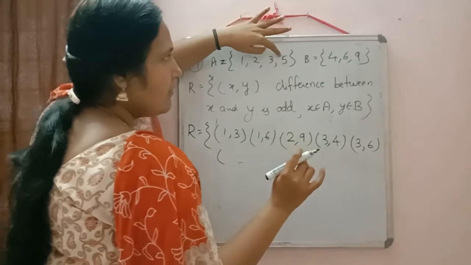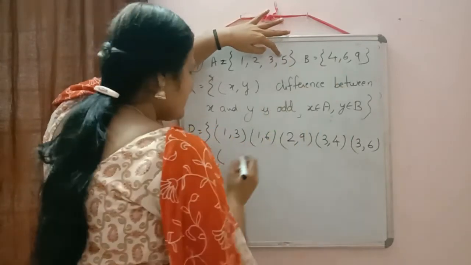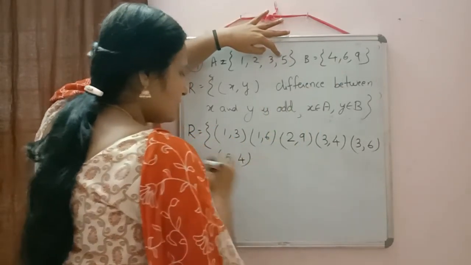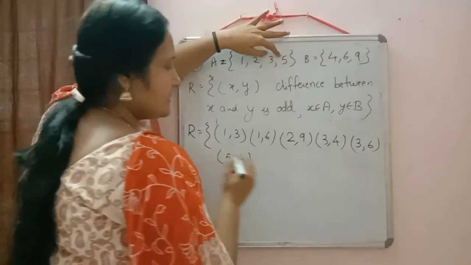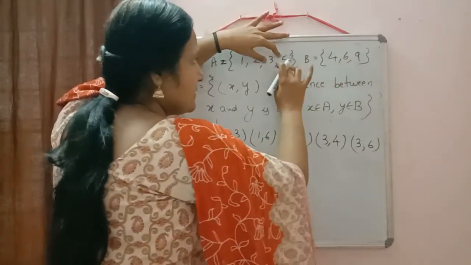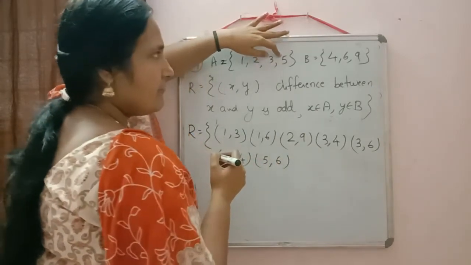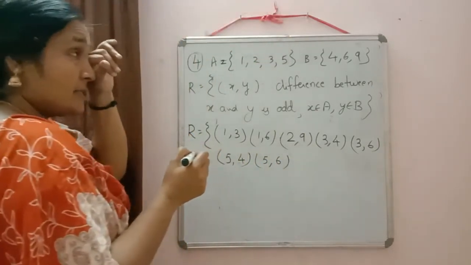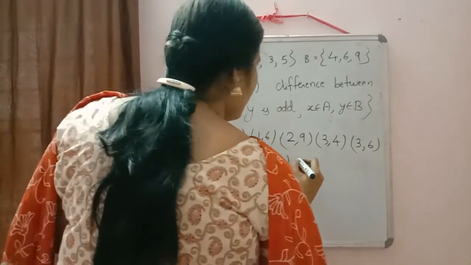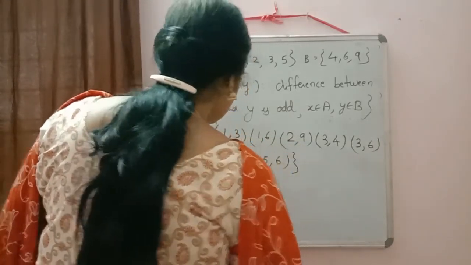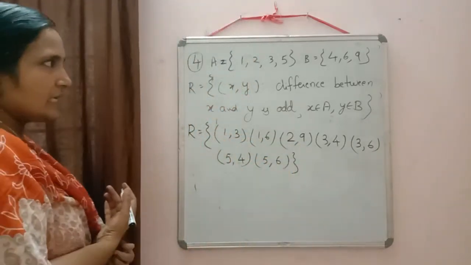Then next (5, 4). 5 minus 4 is 1. Correct. So (5, 4) will be there in this set. (5, 6). 5 minus 6 is minus 1. Yes, odd. Then 5 minus 9 is minus 4, even. So (5, 9) will not come. So these are our elements of the relation R.